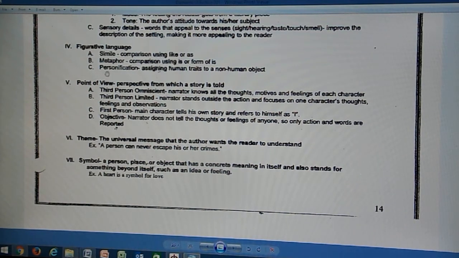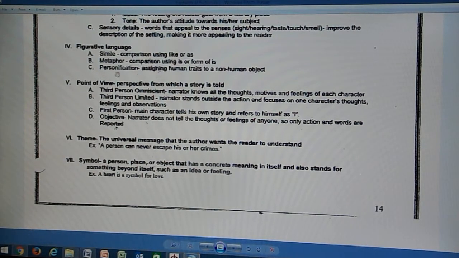Personification, this is when you give any object, whether it's human or non-human, the traits of a human, or as the first part of the word indicates, you treat them like they're a person, like they have the actions of a person. For example, you could say, the flames dance in the fire. Well, we know that fire is not a human, but we're giving it the qualities of a human by saying it dances like human beings can. Okay?